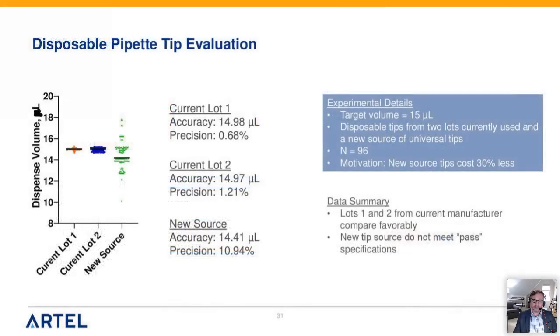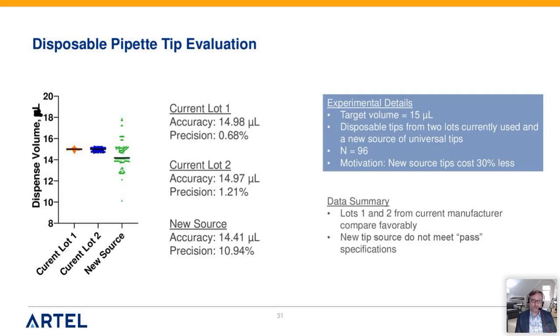And the important part of it is if we take that and extrapolate into looking at tips only. So I'm showing this quick example. If we look at the plot to the left, what we're doing is comparing two current lots, 1 and 2. We're looking at the performance, and now we're evaluating pipette tips from a new source. And very, very clearly we can see lots 1 and 2 are behaving very similarly.